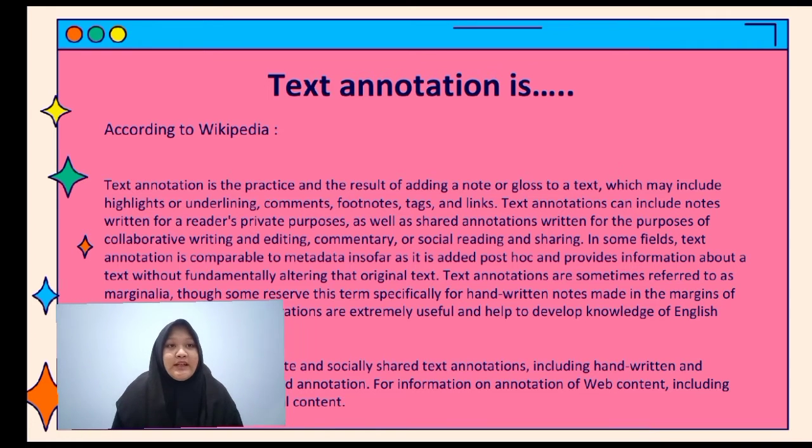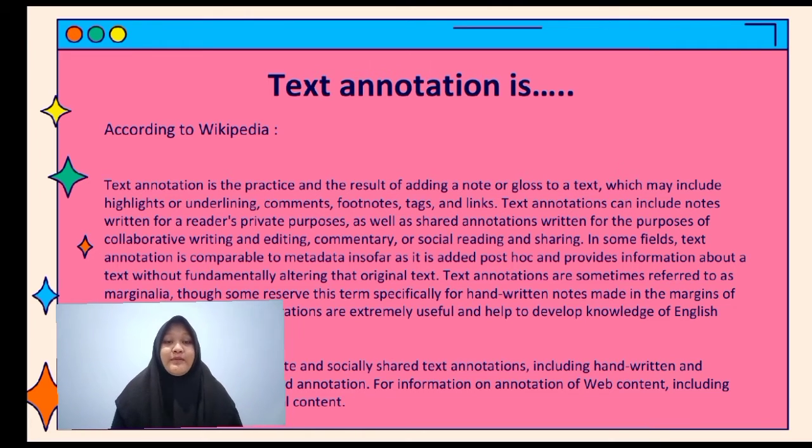In some fields, text annotation is comparable to metadata insofar as it is added post hoc and provides information about a text without fundamentally altering that original text. Text annotations are sometimes referred to as marginalia, though some use the term specifically for handwritten notes made in the margins of books or manuscripts.